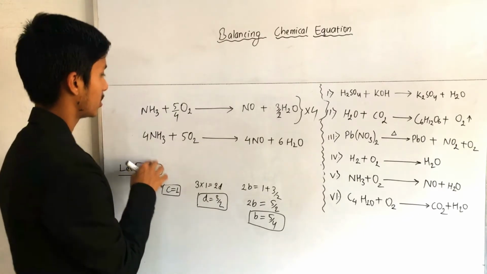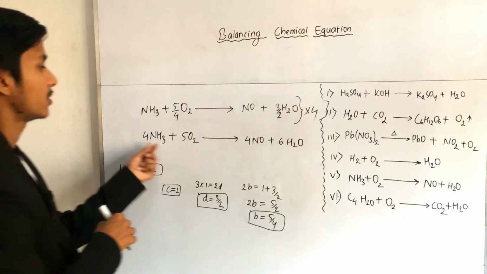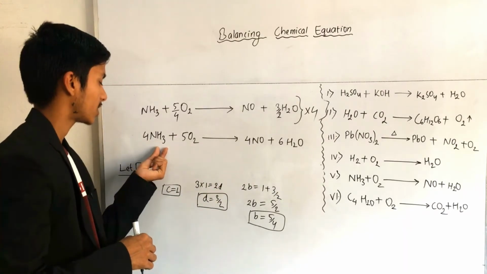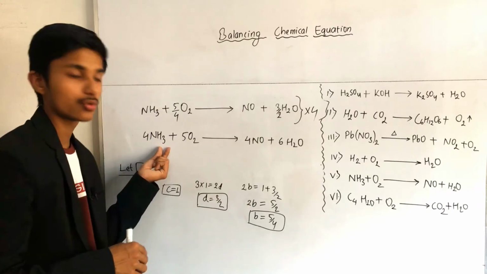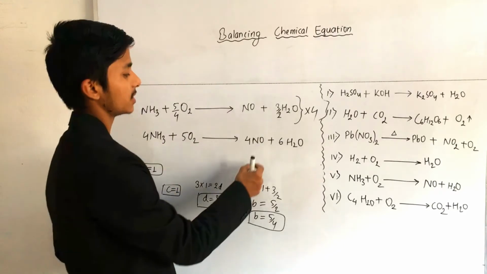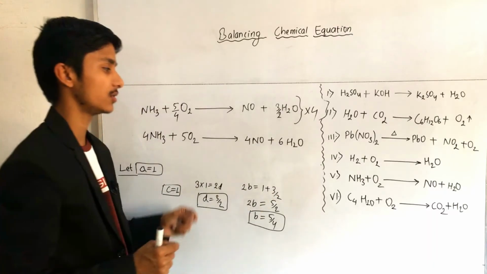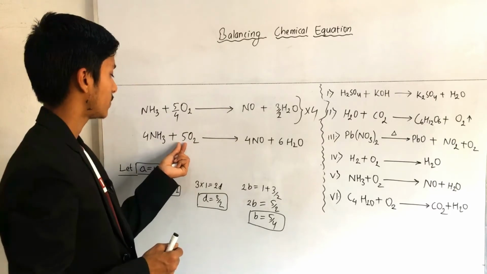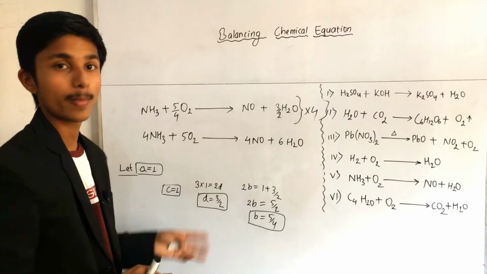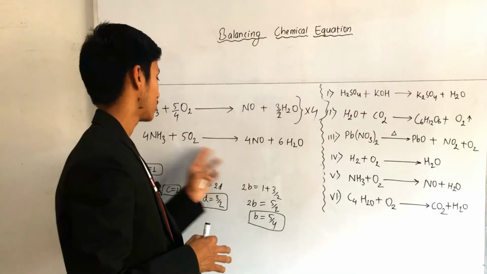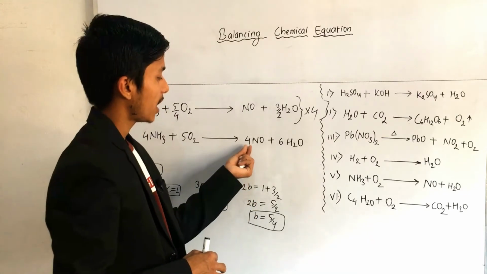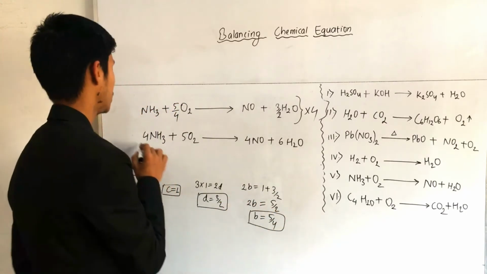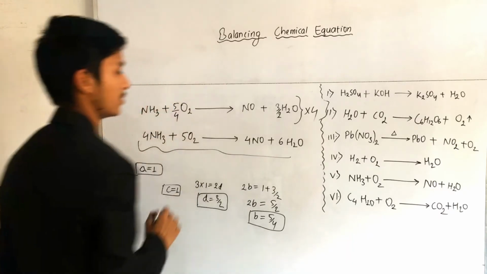This side the number of nitrogen atoms is 4 and this side 4. The number of hydrogen atoms this side is 4 into 3, that is 12, and similarly this side 6 into 2 is 12, balanced. Now for oxygen, 5 into 2, 10 oxygen atoms are on the reactant side, and on this side 4 plus 6 is 10. The equation is balanced now.